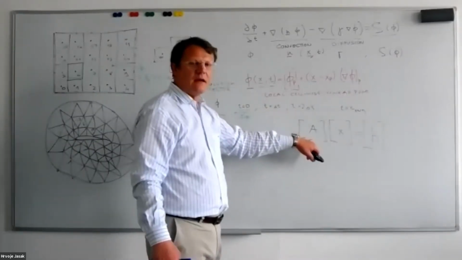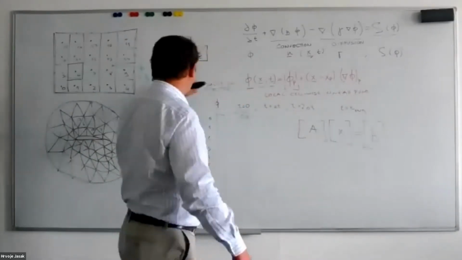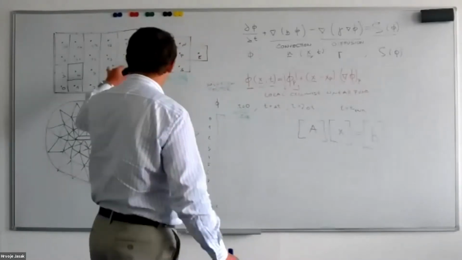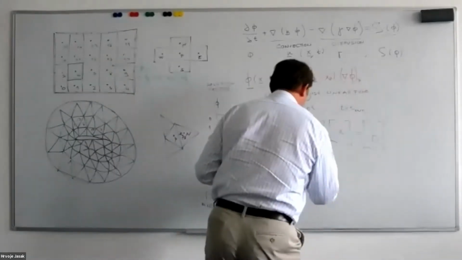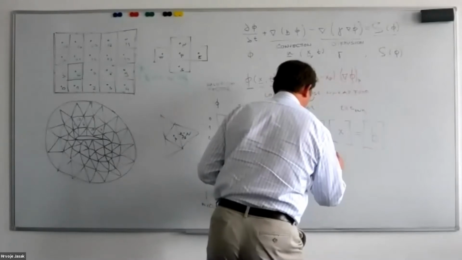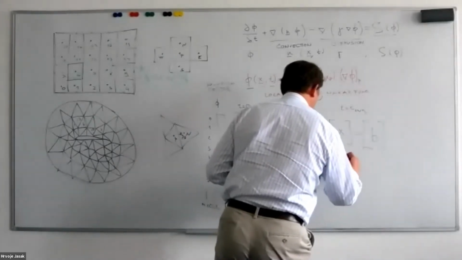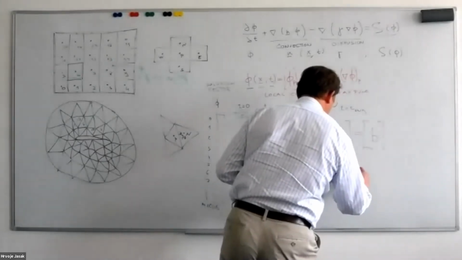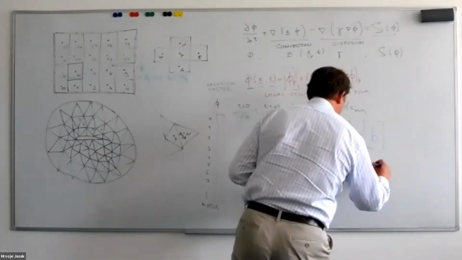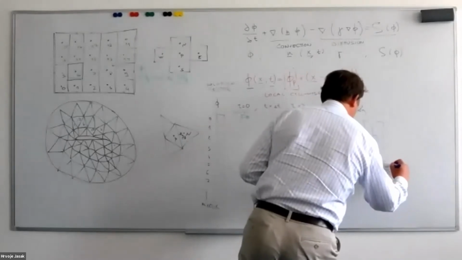A is the matrix corresponding to the system of equations. And for each cell, I'm going to get an algebraic equation of the form AP phi p plus the sum of the neighbors AN phi n equals BP.